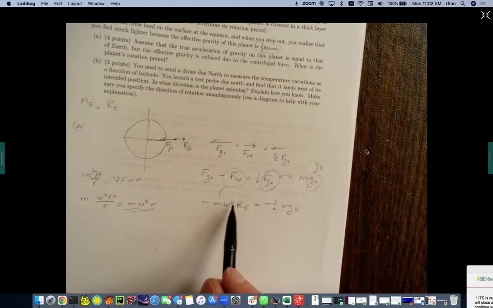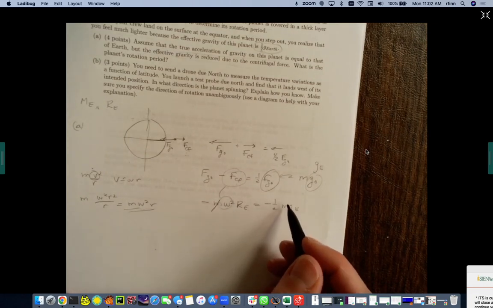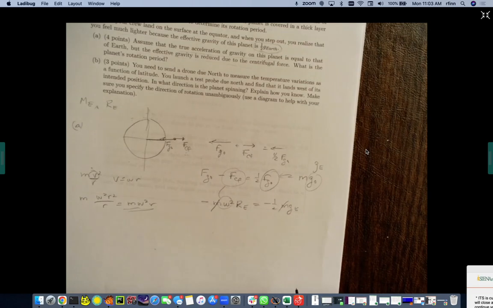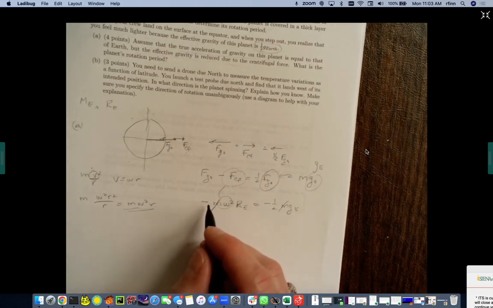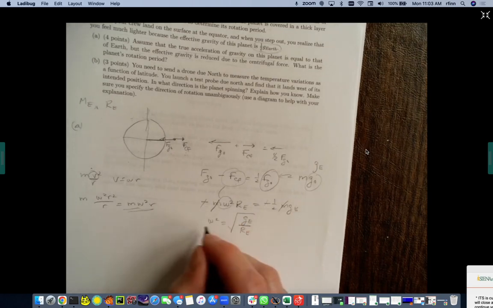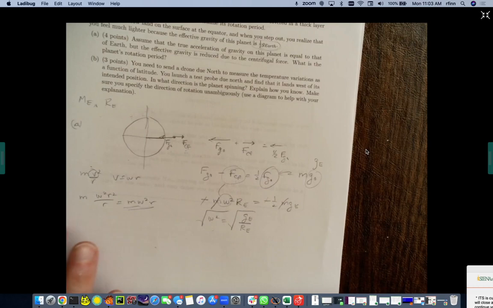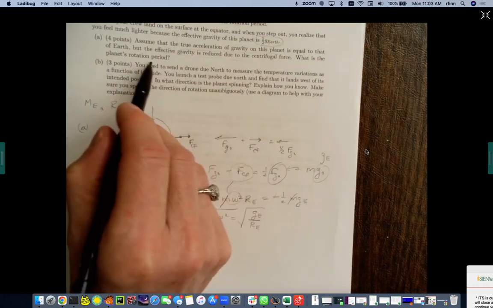Okay, so we want to solve for what omega is. We have a mass on each side that can cancel out, and our negative signs cancel out. So we get omega squared is the acceleration of the Earth divided by the radius of the Earth. Take the square root of both sides. Then the question asks, what's the rotation period?